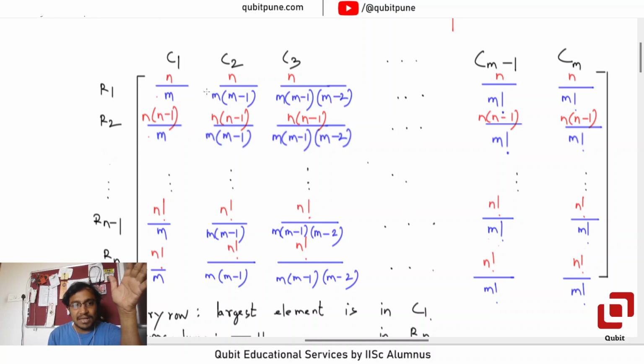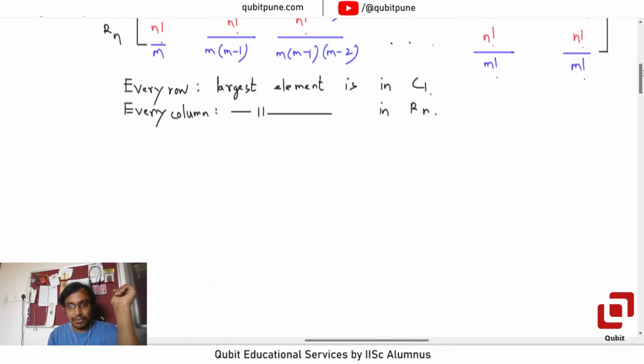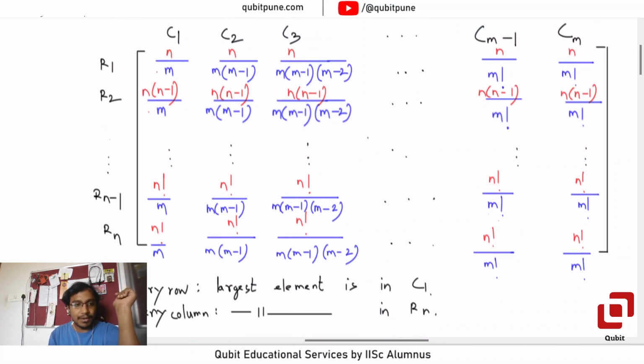N upon m is the largest here because everywhere else we are dividing by some other number. So the column of Pi is this. Have you understood this? Yes, sir. Yes, I can say this is the column of Pi's.